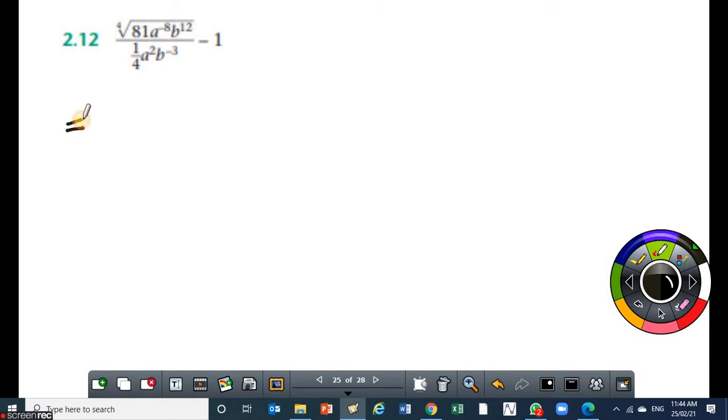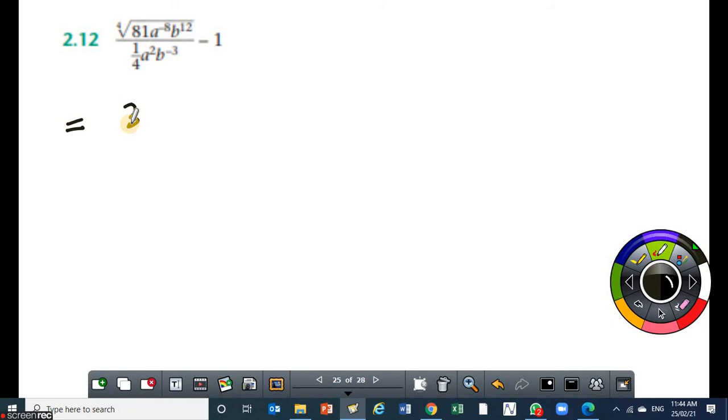So, what's the fourth root of 81? Which number can you multiply by itself 4 times and you get 81? It's a 3. You don't need a calculator for that. So, this is 3.